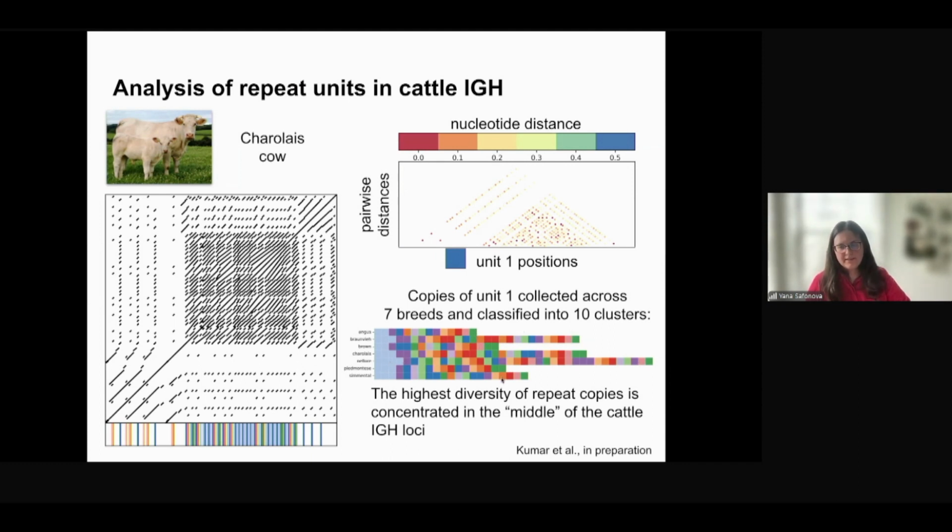It's also high at the end of the locus, because you see that clusters colored in different colors here have quite conserved ordering at the end. But in the middle, we see that the highest diversity is concentrated.